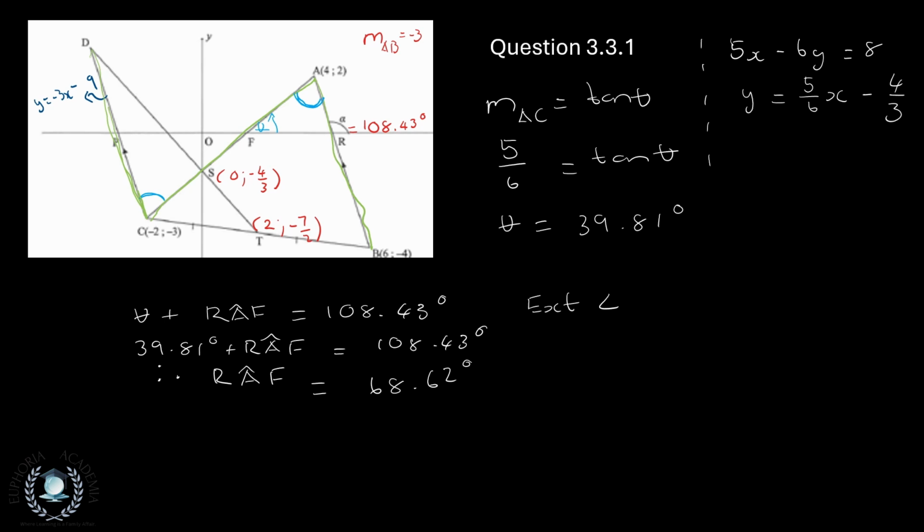Right? And like we said earlier, our RAF is equal to the angle we're asked to find, DCA. That is also equal to 68.62 degrees. The reason for that is alternate angles, because CD is parallel to AB.